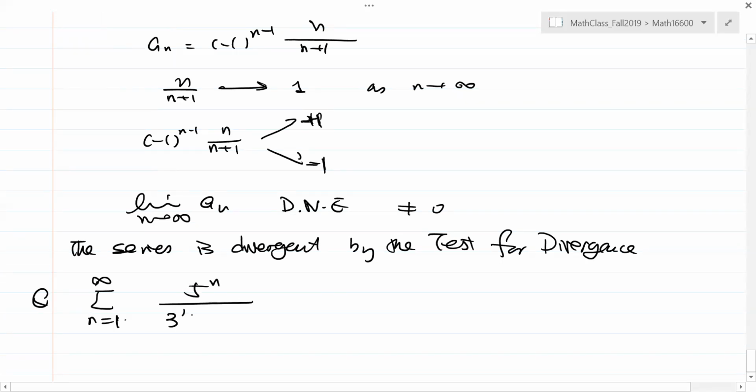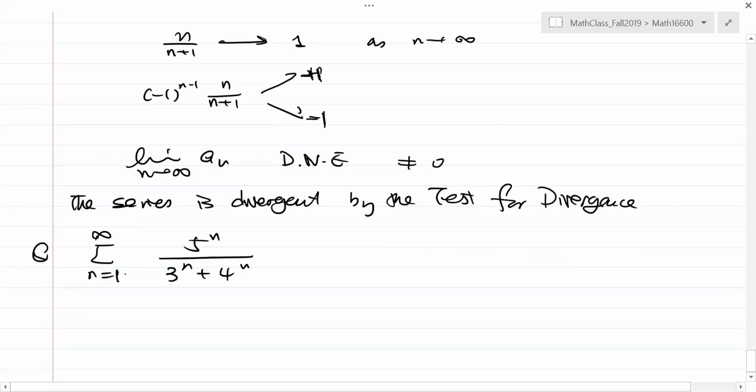Okay, one more problem. 5 to the n over 3 to the n plus 4 to the n. Of course, in this section, you only have two types, right?